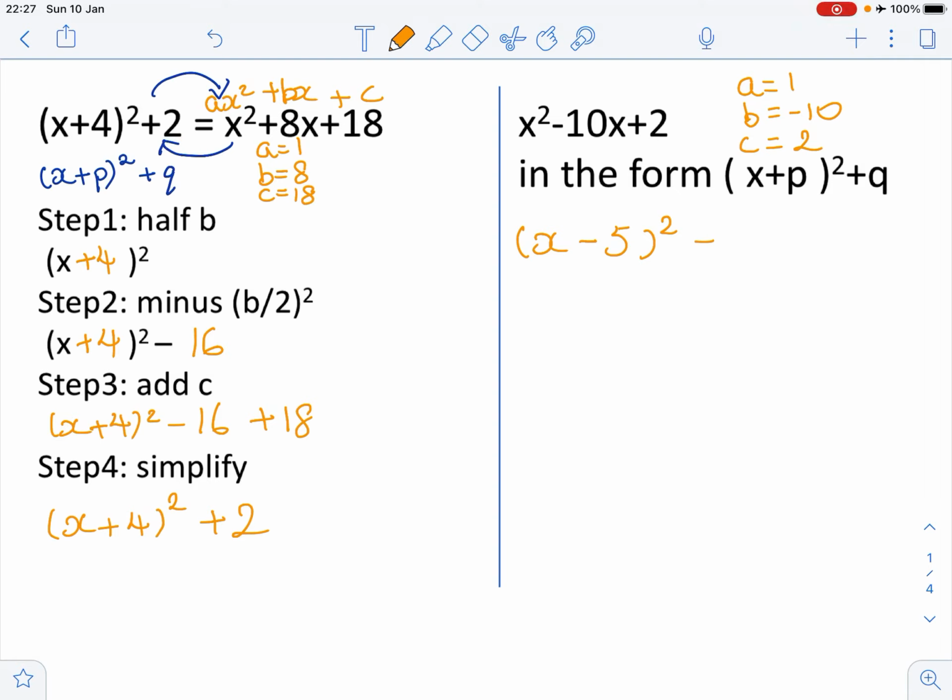Half of b is minus 5, and minus 5 squared is 25. So we need to subtract 25. Then the final step, we need to add c, which is plus 2. So our final answer would be (x minus 5) squared minus 23.